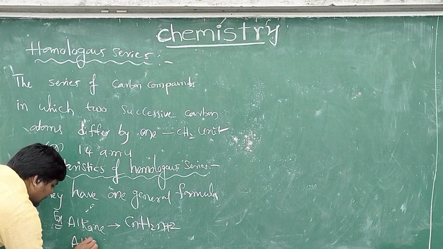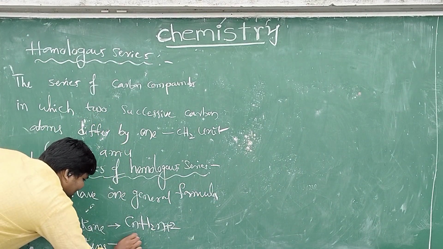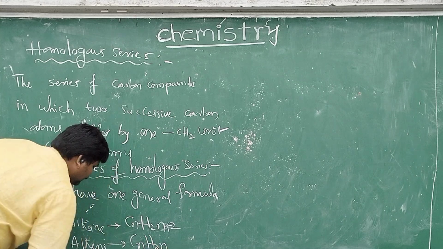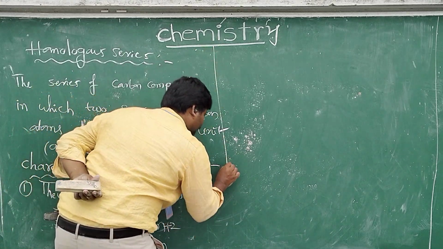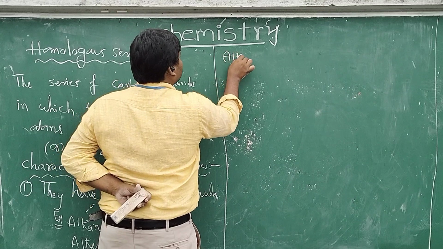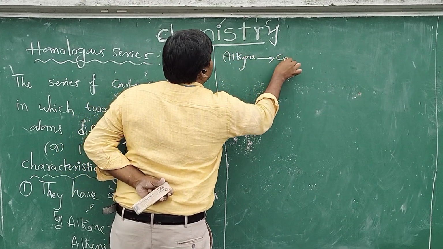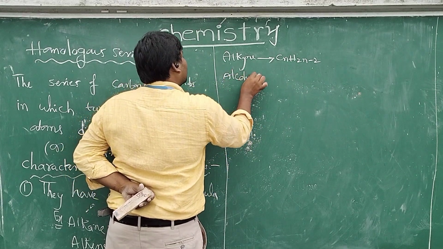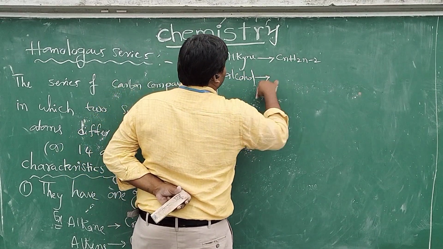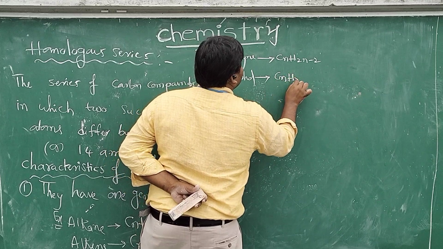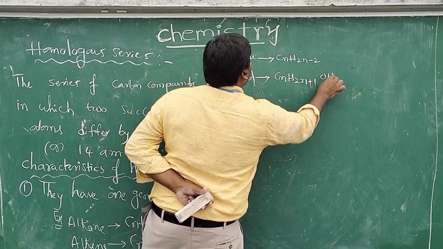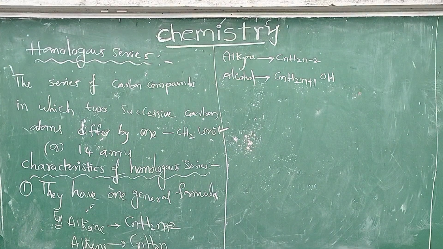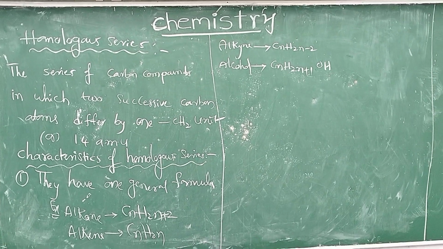If you take alkene, CnH2n. You take alkyne, the general formula is CnH2n-2. You take alcohol, the general formula is CnH2n+1OH, etc. This is the first characteristic of homologous series.